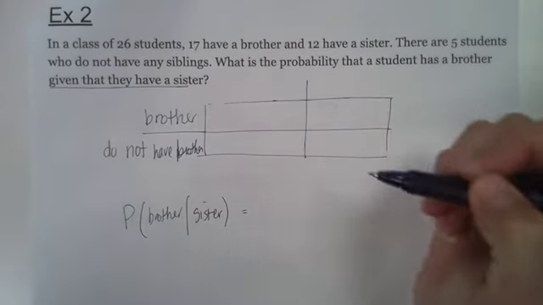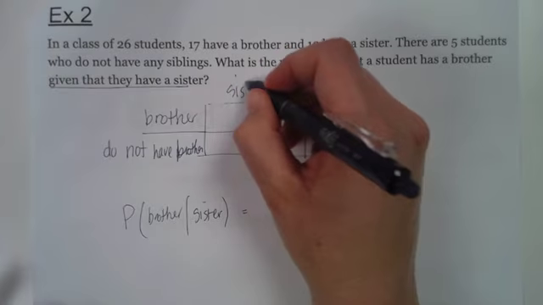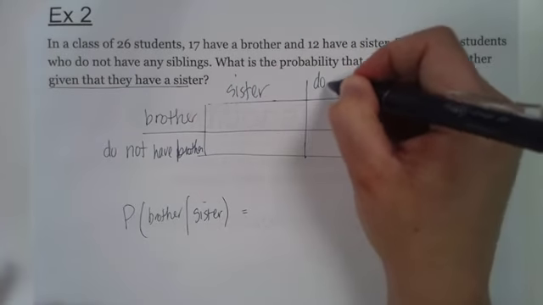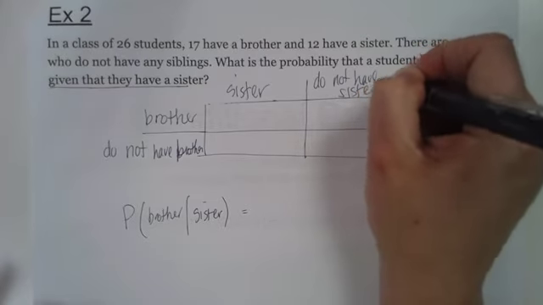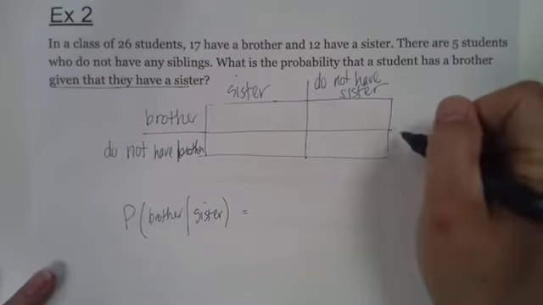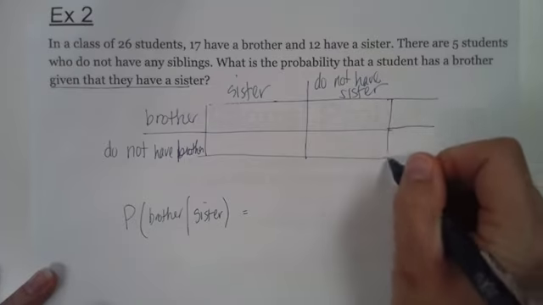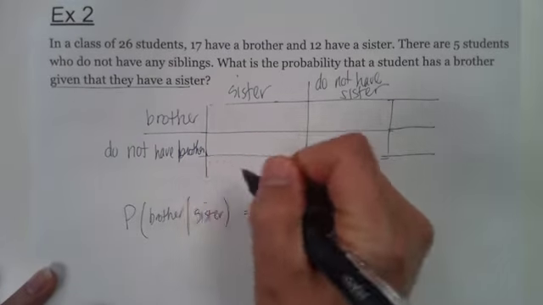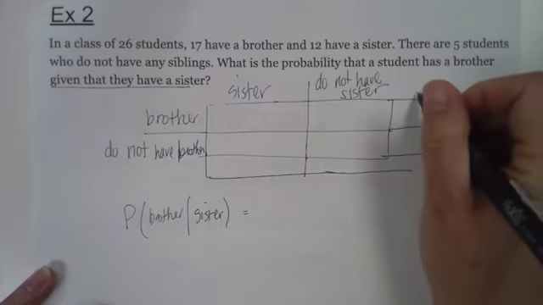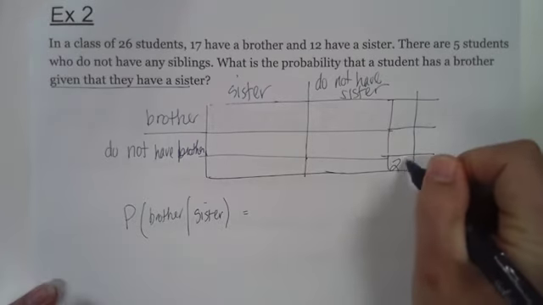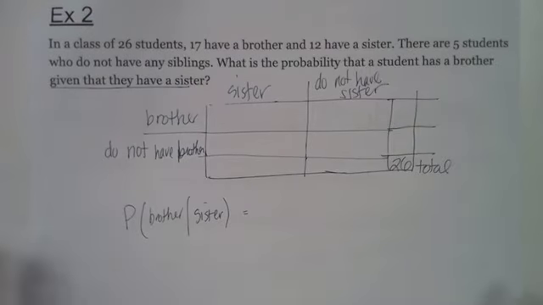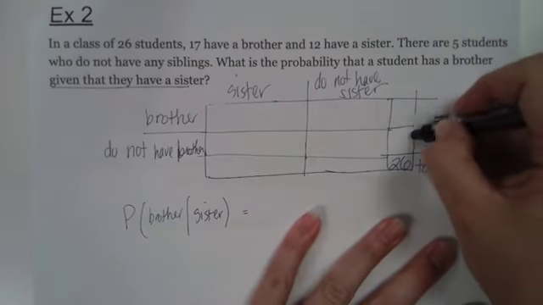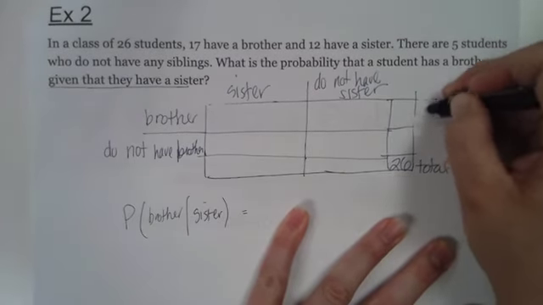And along the top, we've got people who have a sister and do not have a sister. And we also know some totals, which might also be helpful here, so I'm going to include some totals here. But yes, having a chart. We know that there are 26 total students.